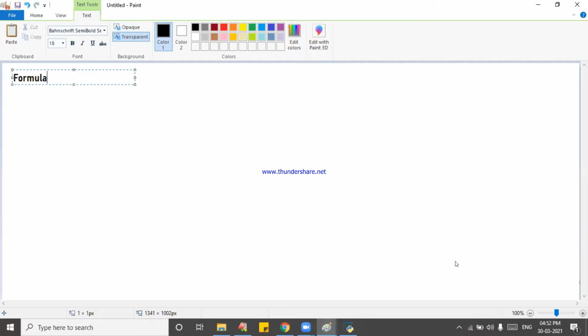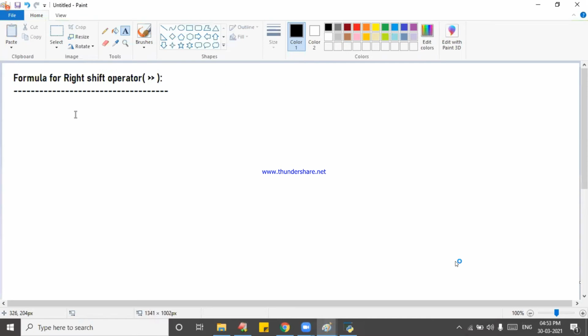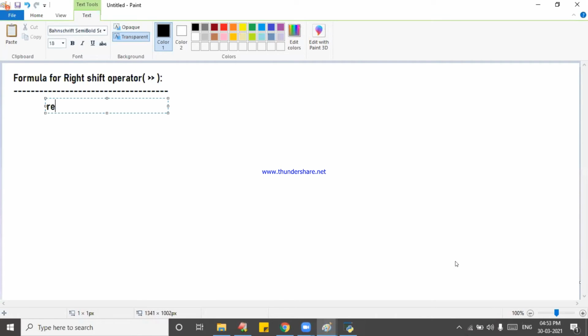Come to that. Formula for the right shift operator. Result is equal to, in general you write, result is equal to the given number, double greater than, number of bits.